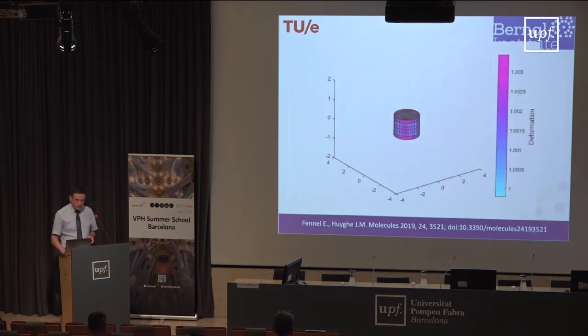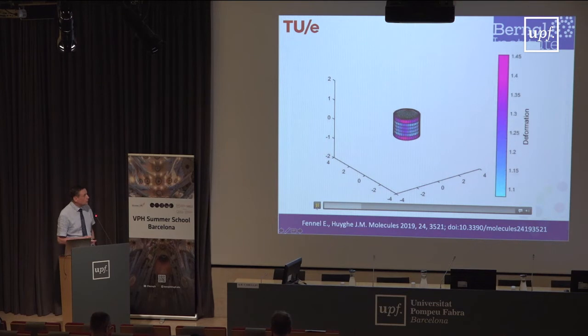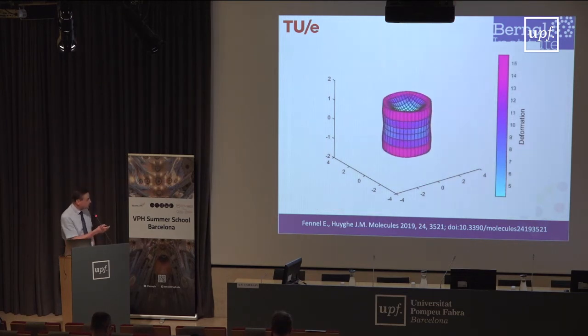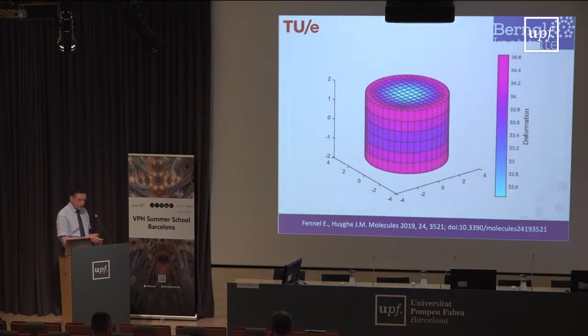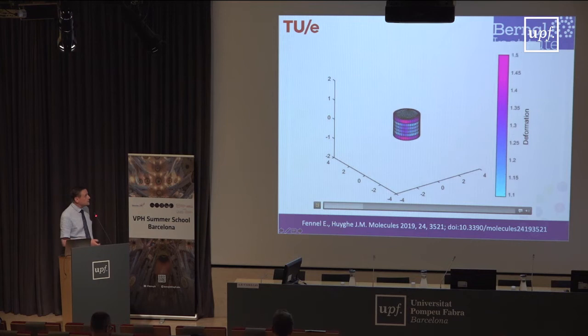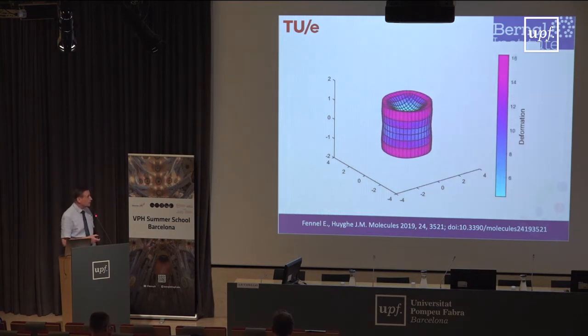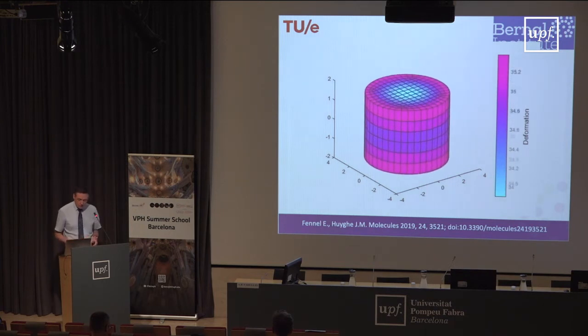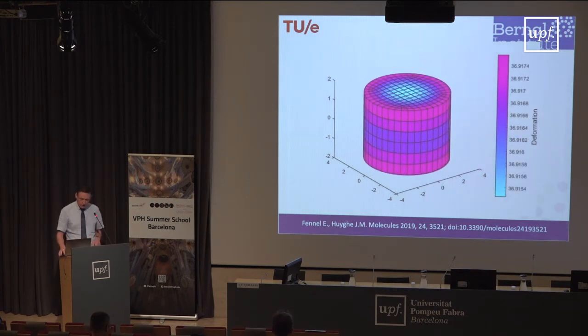So going back to the cylinder that I showed you in the beginning of the presentation, we can show that as we take it to lower salt concentration, we get swelling, but also surface instability. You see very clearly the surface instability. It's not at all in the order of magnitude that we had experimentally, but still there is surface instability, and we are working on getting this even more pronounced than what it is here now.